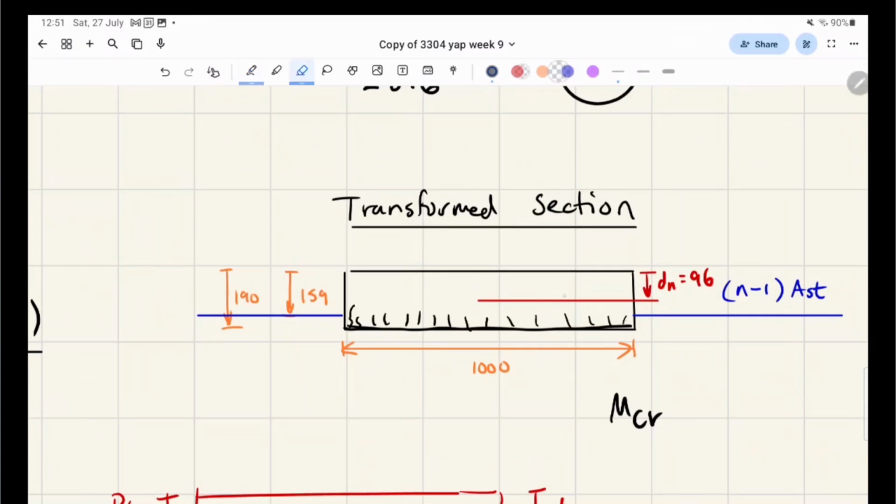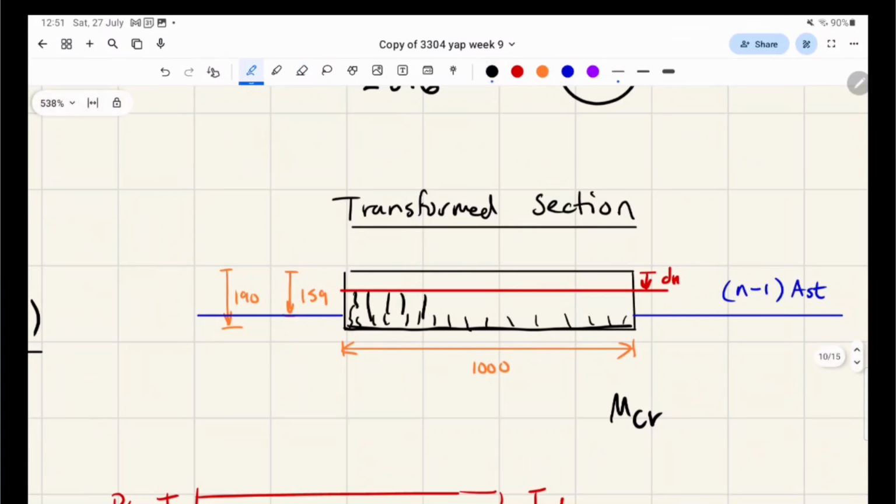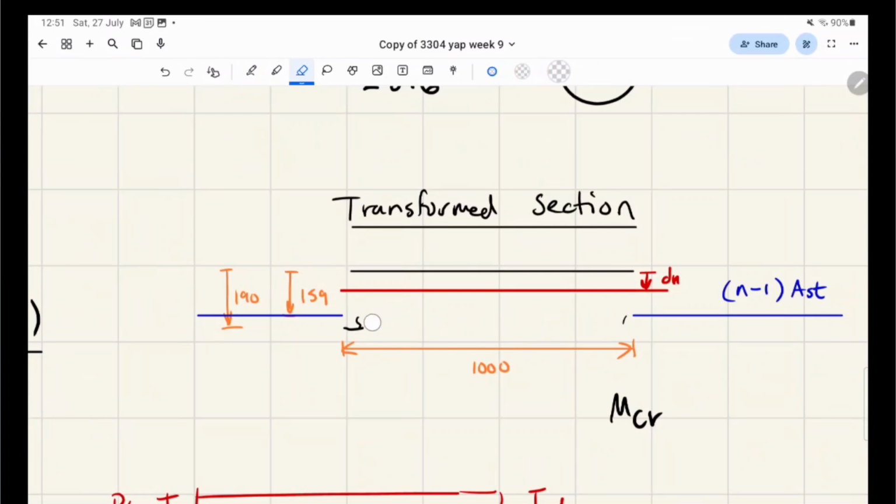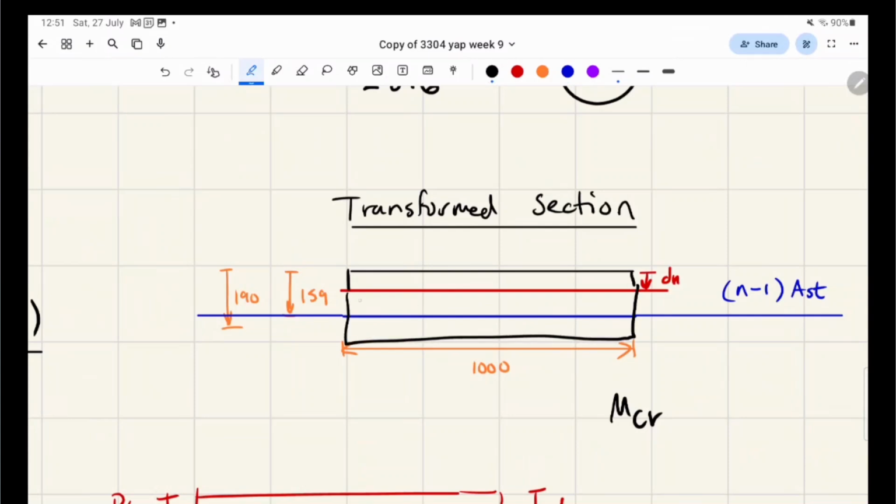And it reaches an equilibrium point around here, and then all that's cracked. It stops cracking around here. So this is the cracked stage of concrete now.